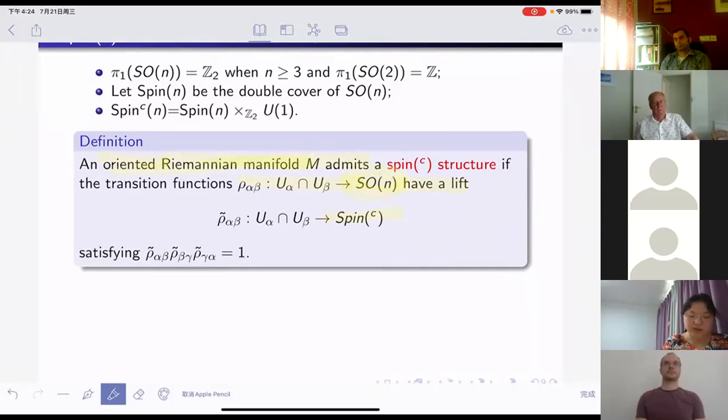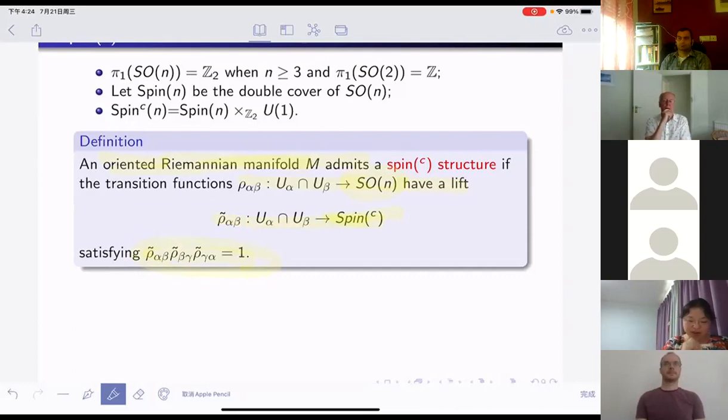This transition function may not always lift to the spin^c or spin group, but if it can have a lift so that the cocycle condition is satisfied, then it is called M has a spin or spin^c structure. This cocycle condition just means that after this lift, one can still glue the local sections into a vector bundle.